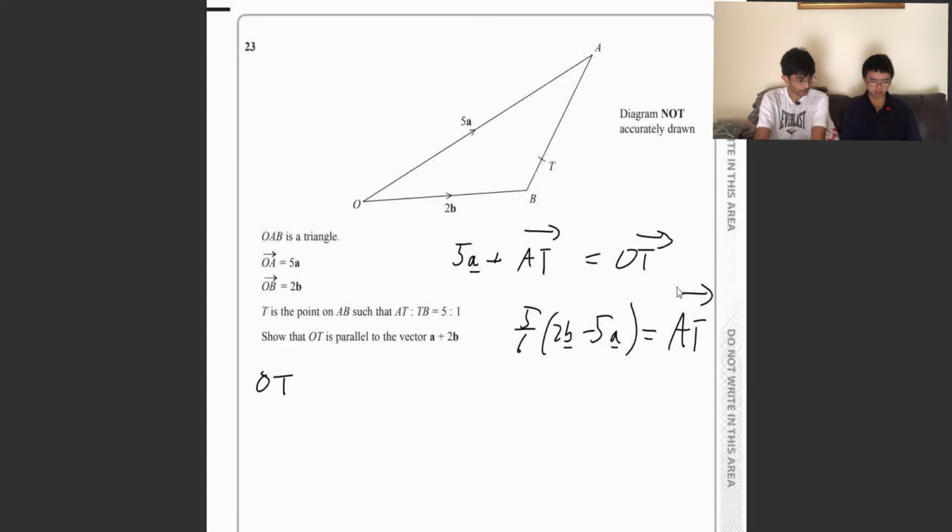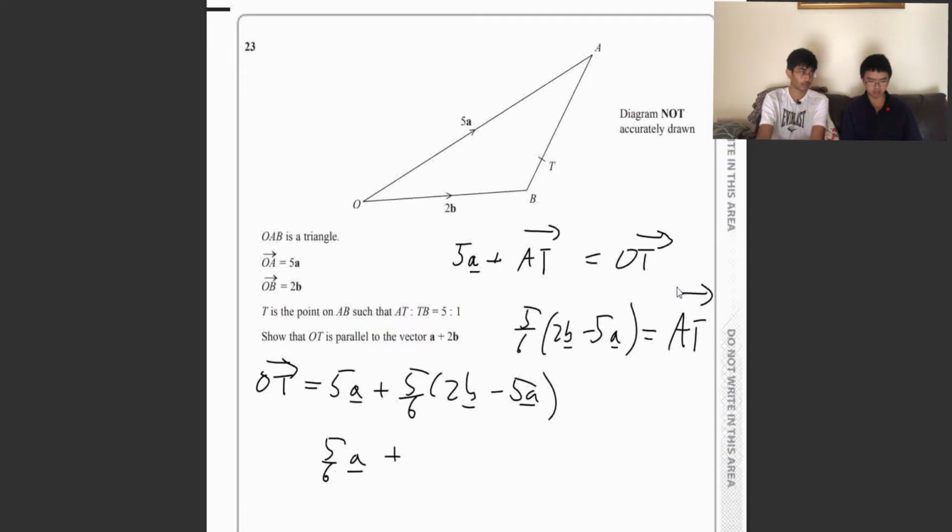So OT is equal to 5A plus 5/6 of 2B minus 5A. And if we collect the A's and B's, so 5 minus 25 over 6 is 5/6A, and then 10 over 6B, so that's what OT is equal to.